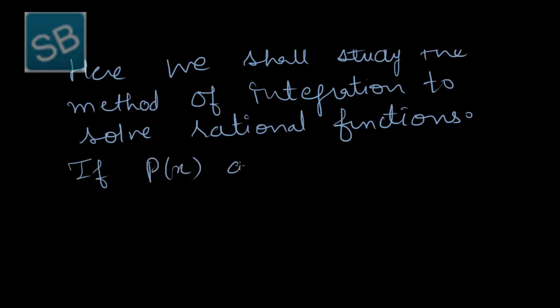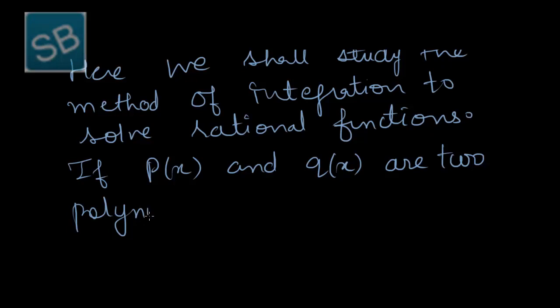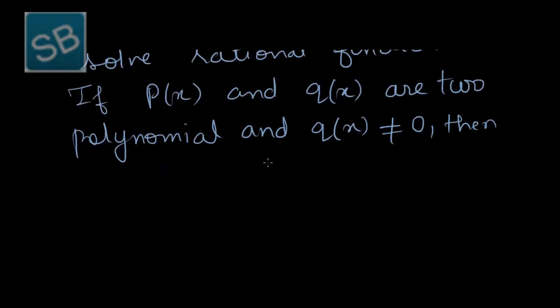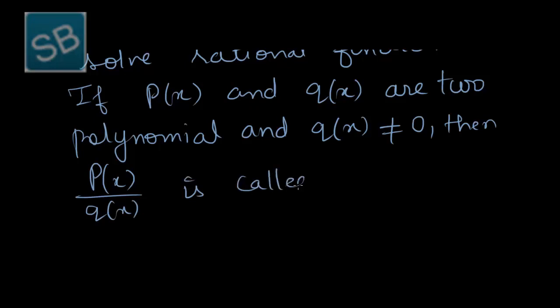If p of x and q of x are two polynomials and q of x is not equal to 0, then we know that p x over q x is called a rational function.